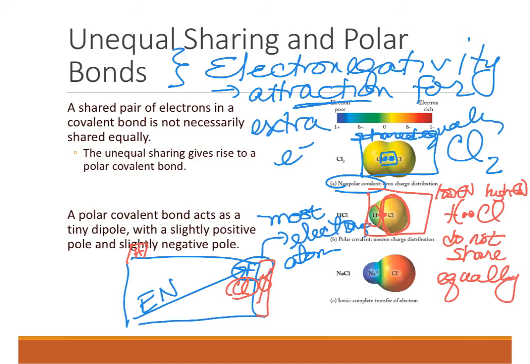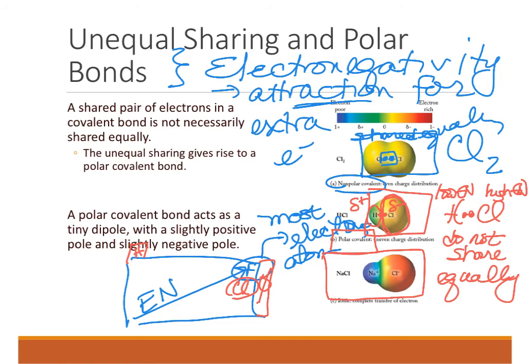So when electrons are shared unequally, but it's still a covalent bond, it is called a polar covalent bond. And we say that the more electronegative atom has a partial negative charge, and the less electronegative atom has a partial positive charge.